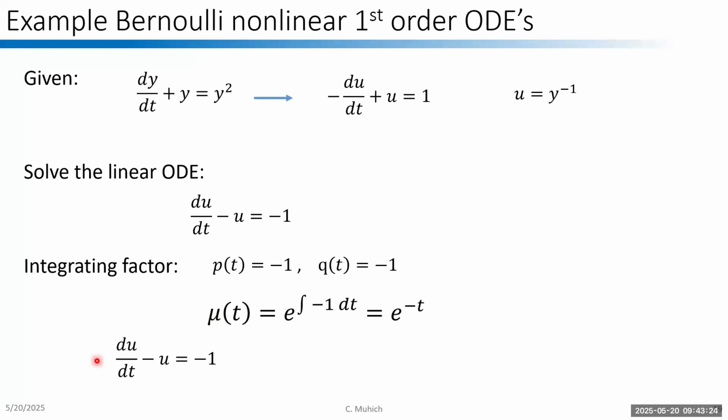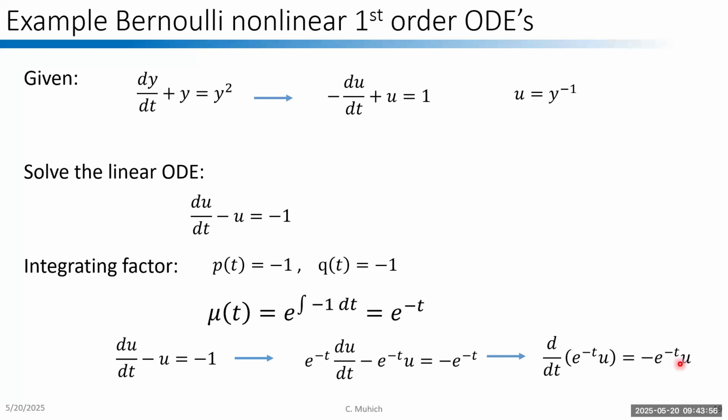I take my linear ODE and multiply through by my integrating factor to get e to the minus t du/dt minus e to the minus t u equals minus e to the minus t. I'm following my procedure. I wrap this up into d/dt of e to the minus t u is equal to minus e to the minus t.